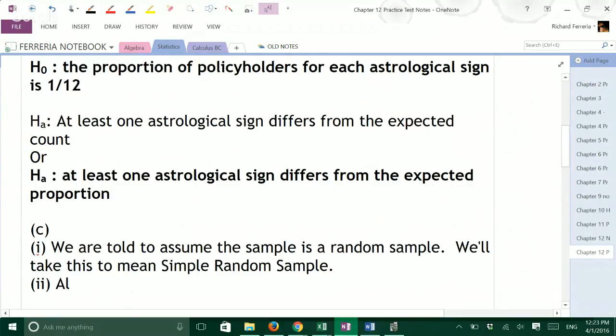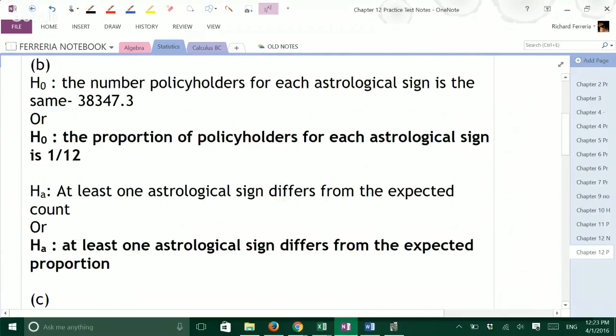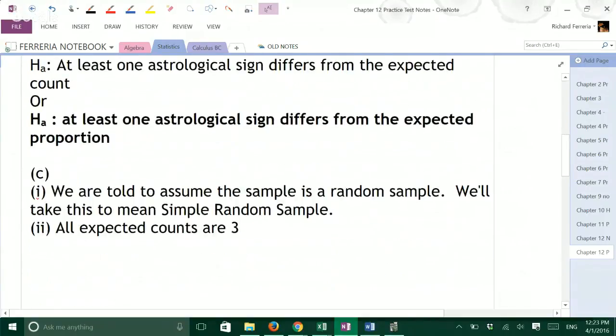And then all the expected counts are, I forgot what the number is, 38,347.3, which is greater than 5. Those are the only two conditions that need to be met.